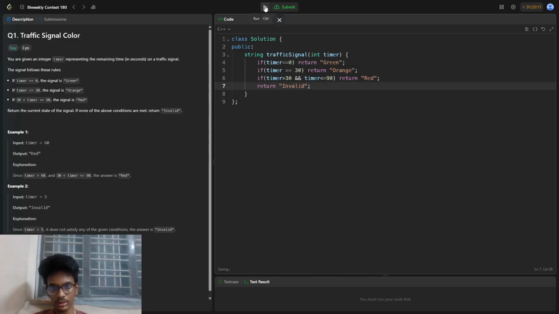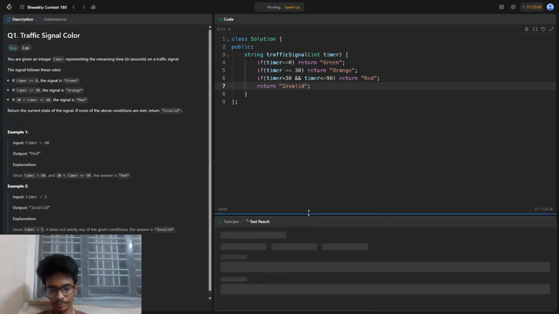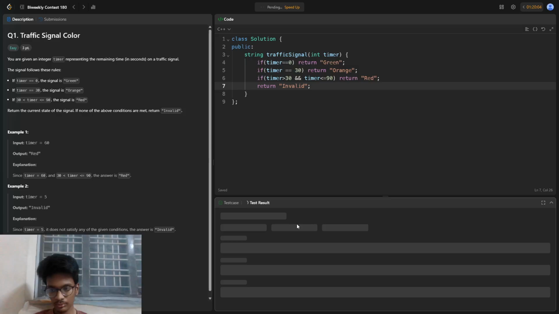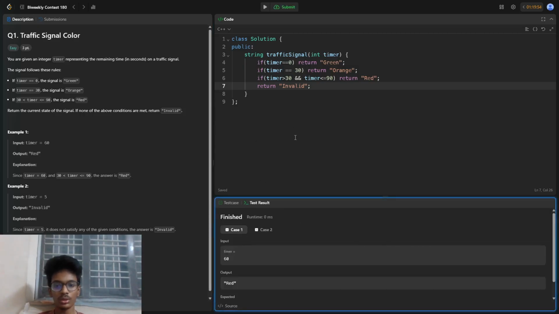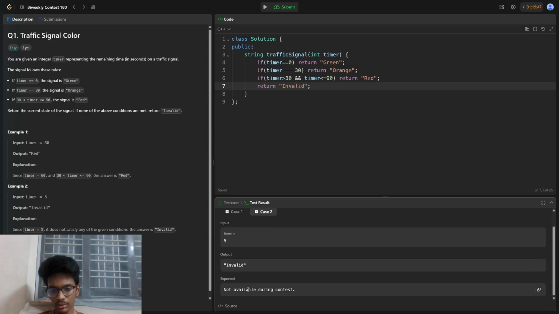Alright, so let's run this. Should be passing. I feel like submitting this now because it's taking so much time. 60 is red, 5 is invalid.